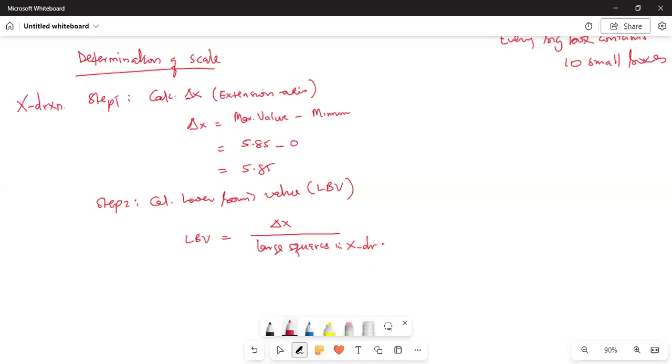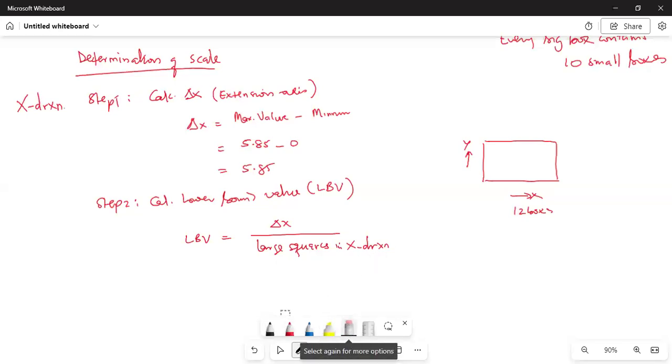Now that I told you that we are turning the graph this way, this is now our X, and this is our Y. This one has 12 boxes, and the vertical will now have 10 large boxes or squares.